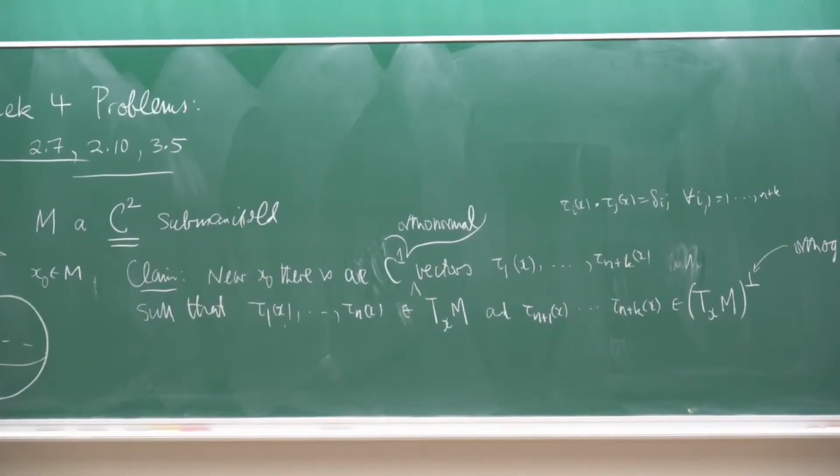Now the Gram-Schmidt orthogonalization process has an additional property that people don't always realize: if you start off with n plus k linearly independent vectors, and the first n of them span some subspace, in this case TxM, then you apply the Gram-Schmidt process, which is inductive, so the first n of the new orthogonal vectors are in the same subspace spanned by the first n that you had originally.